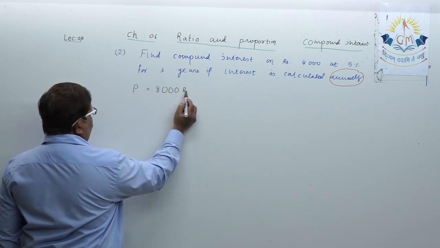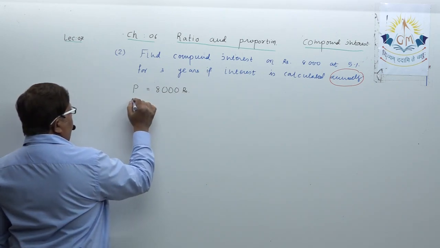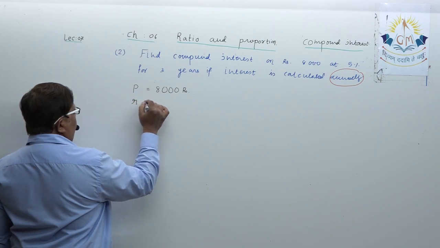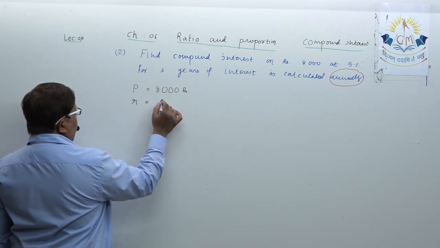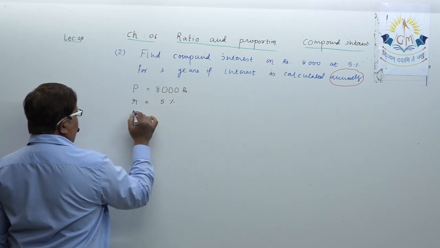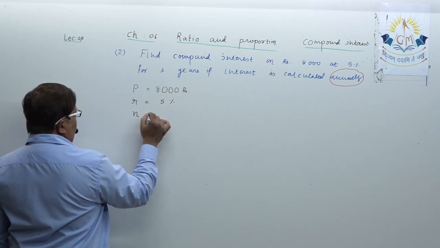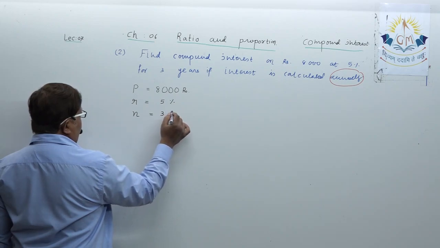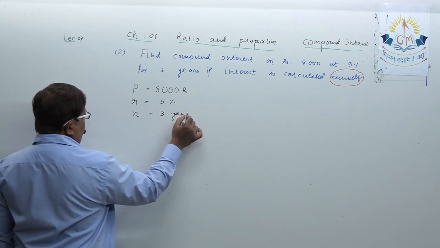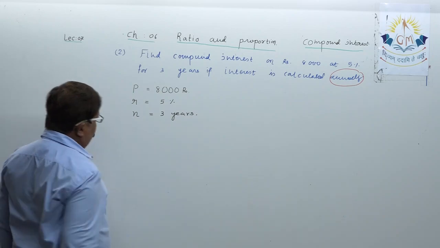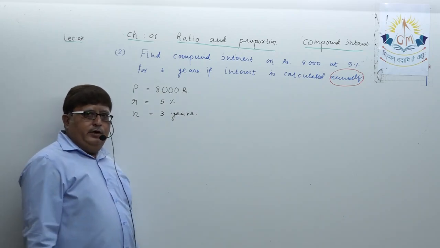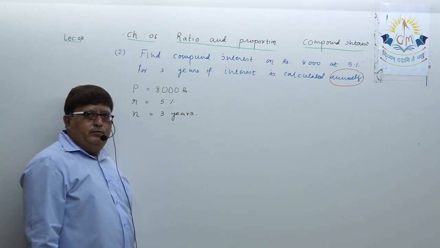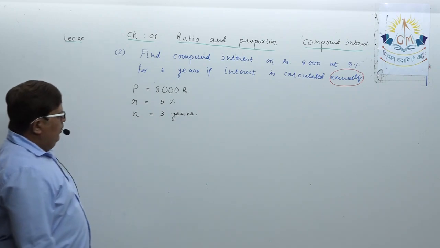Then rate of interest, that is 5%. What is the period the interest is to be counted for? 3 years, okay? This is the data you need to write before you solve any example.